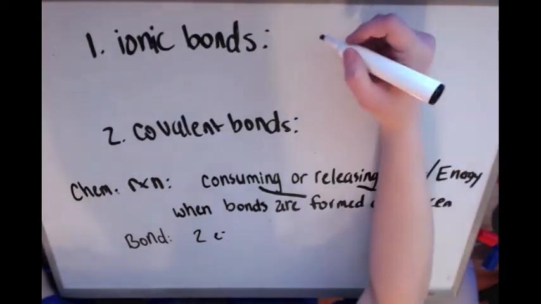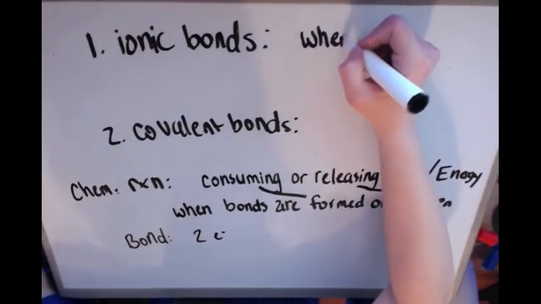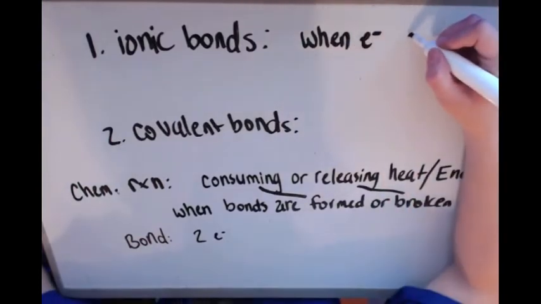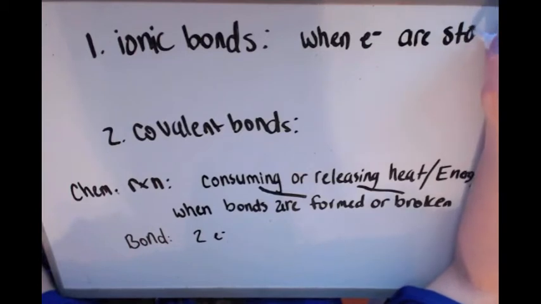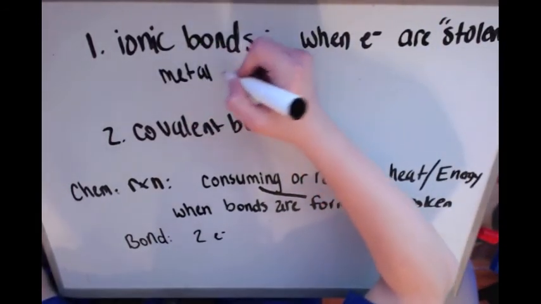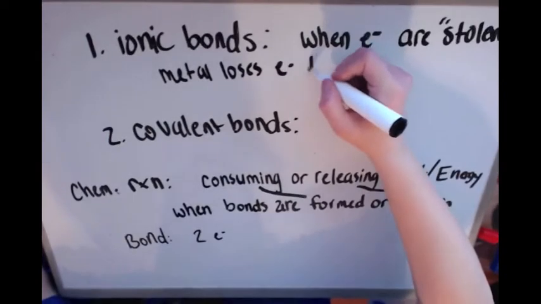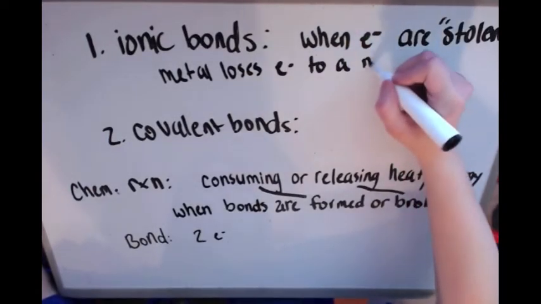So an ionic bond is when electrons are stolen, right? So it's when a metal loses electrons to a nonmetal.